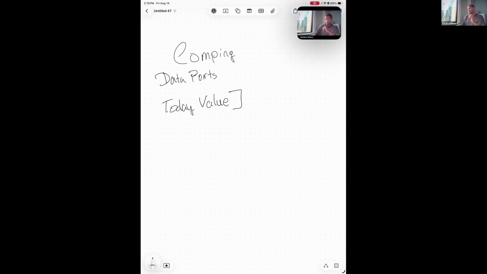Today value, what does it cost right now? Not plus a paint, not what we project, not based on the market. What is it valued at today? Because when you look at that number and you do your equation, you can say, okay, here's the real discount that we got, not based on list price, but what is it worth today if we were to just put a number on it.